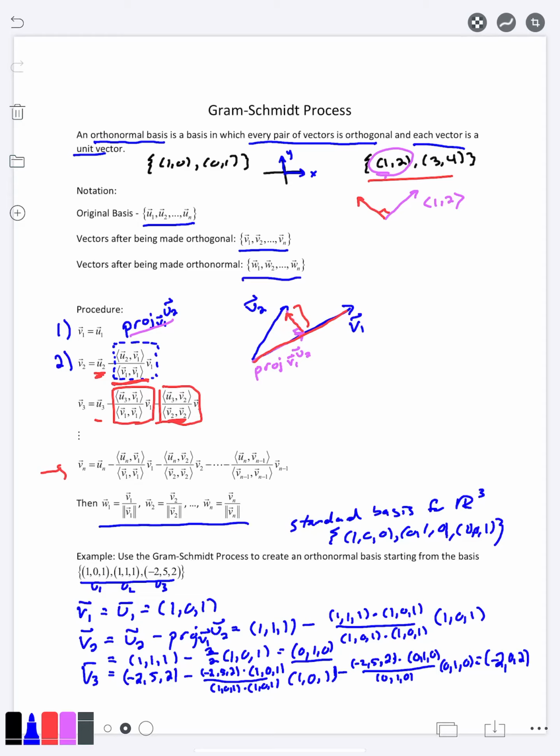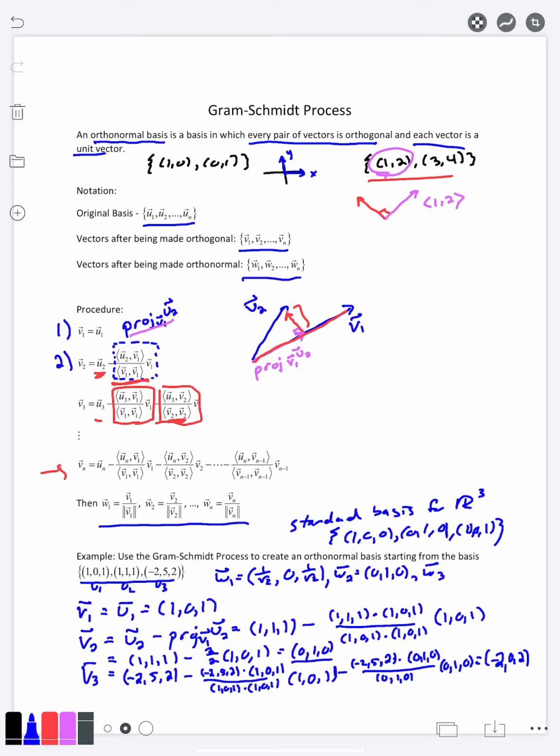And so then if you want to go ahead and make them normal or unit vectors, you can divide by their length. And if you look at the first one here, it's going to be length root 2. The second one is actually already a unit vector.